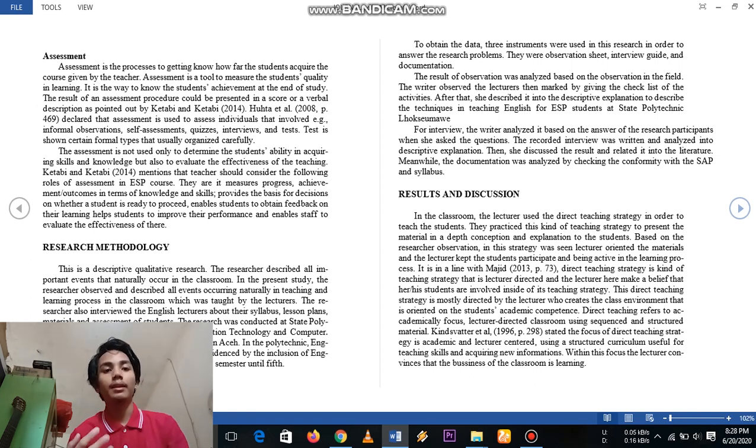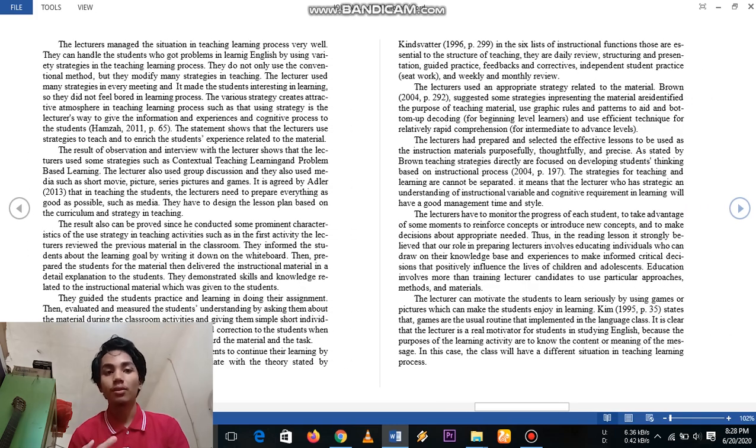The lecturer manages the situation in the learning process very well. They can handle some students who have difficulty learning English because they use many learning strategies so that students are very interested in the lesson and never feel bored in every lesson.